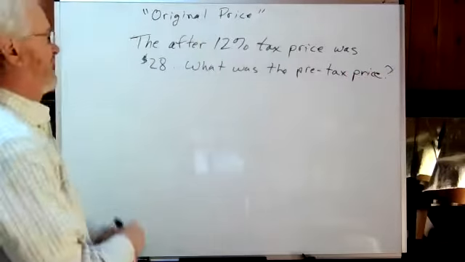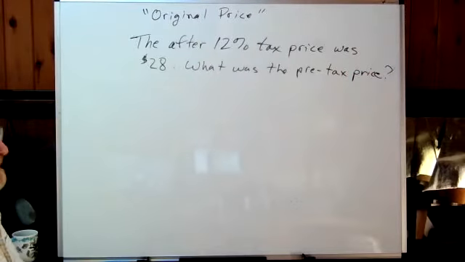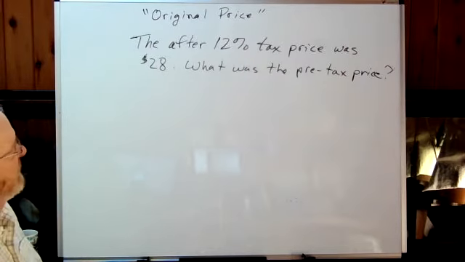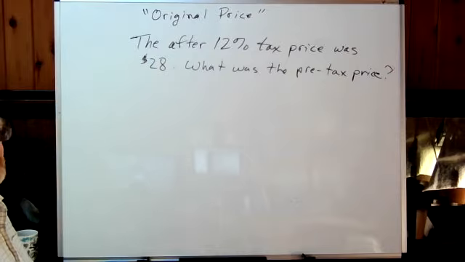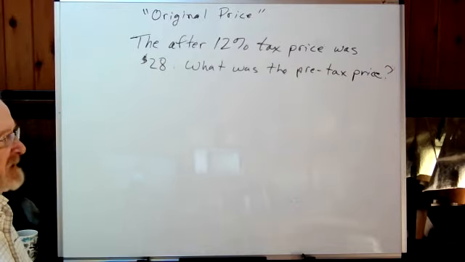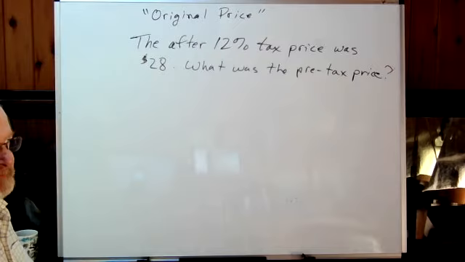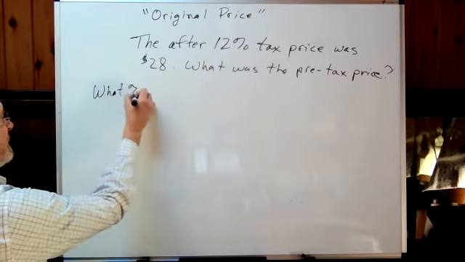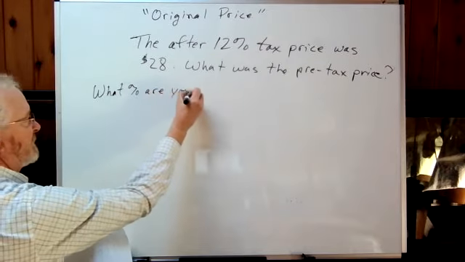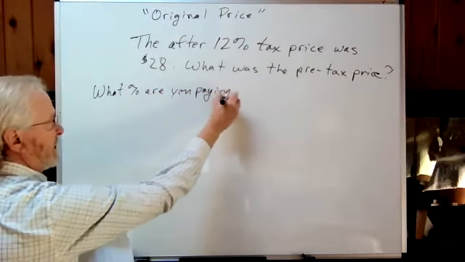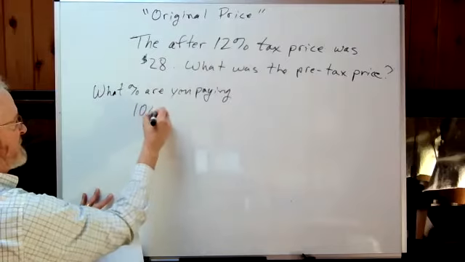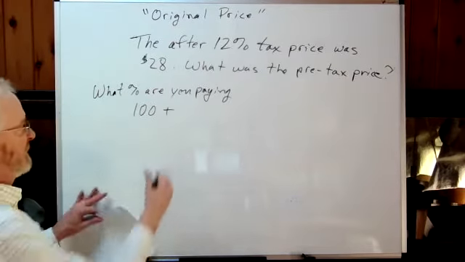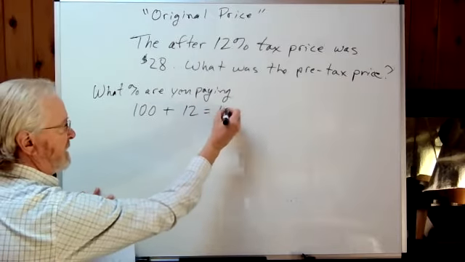All right, something you purchased was taxable, 12% tax on that item, and so that caused the final price to be $28. What was that price before you added the tax? Here again, what percent are you paying? Again, you're going up. This time it's 100 plus again. If it's on sale, you're subtracting, right? 100 plus 12 means you're paying 112%.